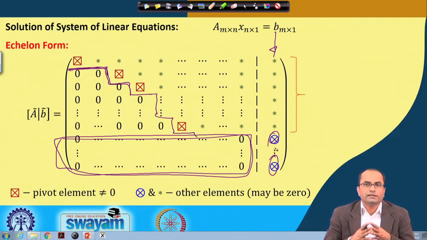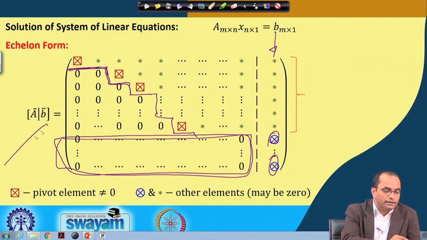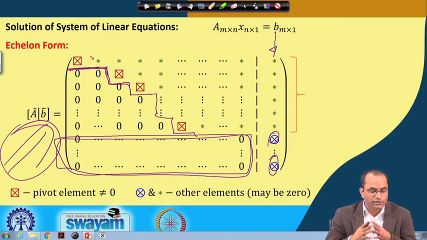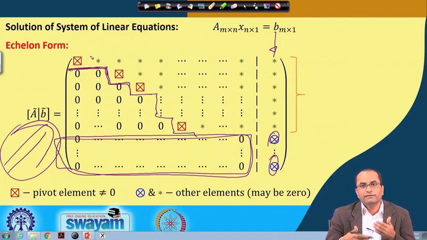If you remember, this Gauss elimination basically had 3 steps. The first one is putting your system into an augmented matrix, then reducing the augmented matrix into this echelon form, and then we need to identify the pivot elements, the important elements of this matrix. Then we can characterize the solution, whether we are going to have a unique solution, or the solution does not exist, or we have infinitely many solutions.